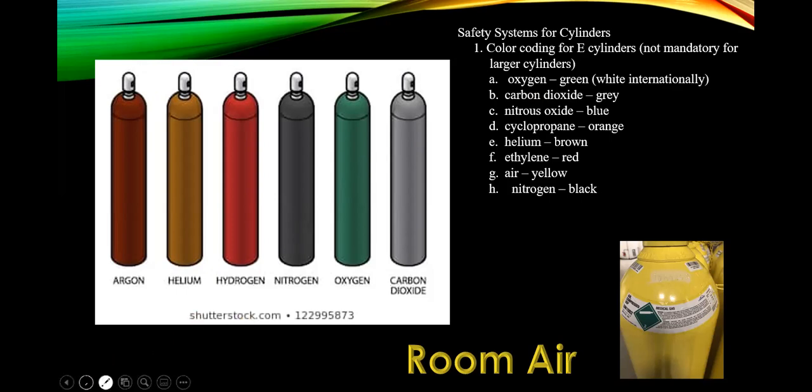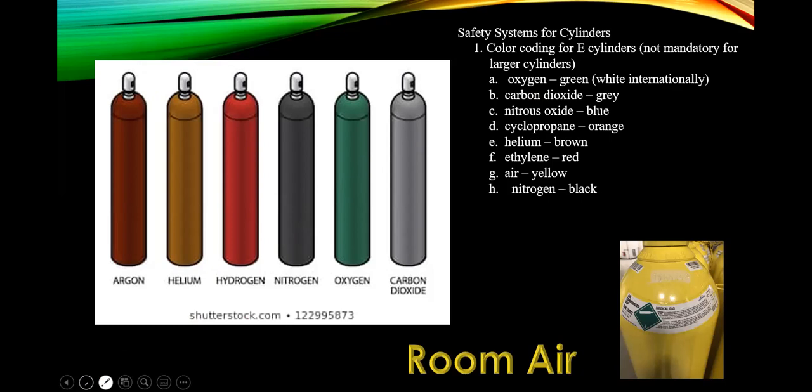So what do you think would be a good next safety system? Okay, what if I'm colorblind? What do you think would be something good to signify the difference between cylinders? Size? Well, that would be good for distinguishing how much I have, but what about safety?